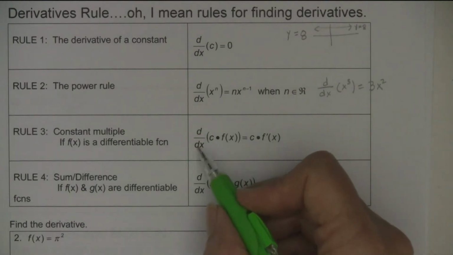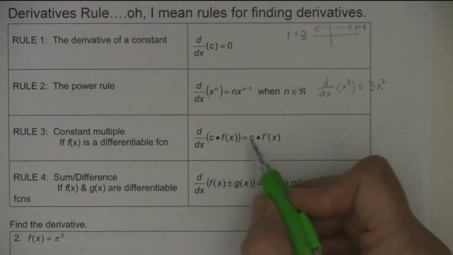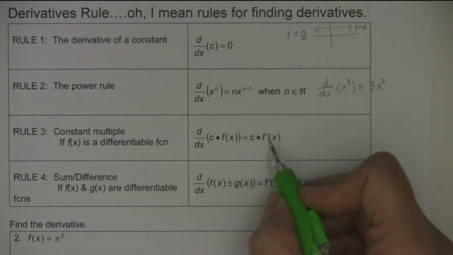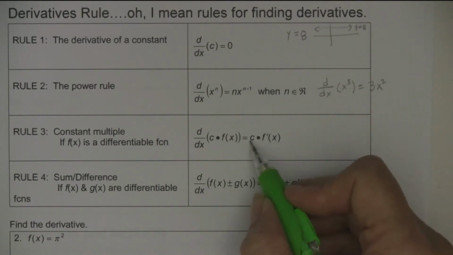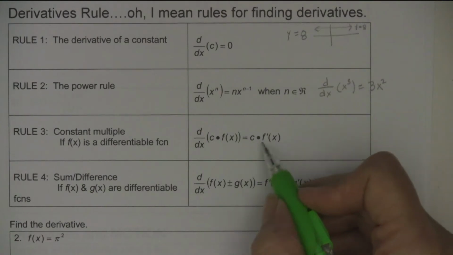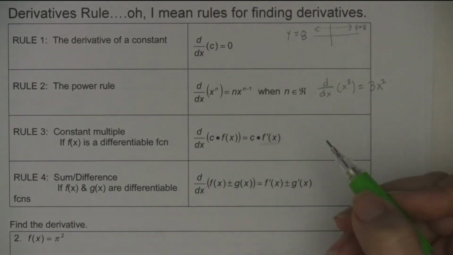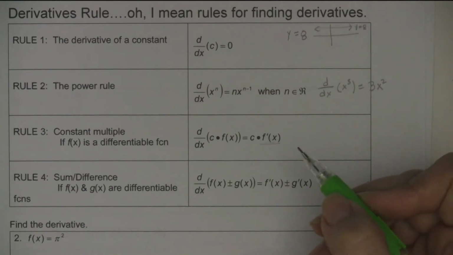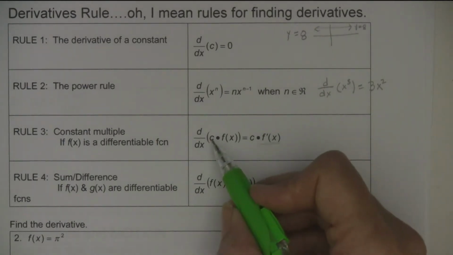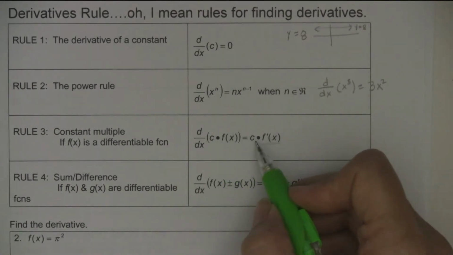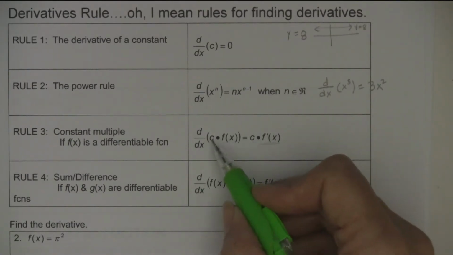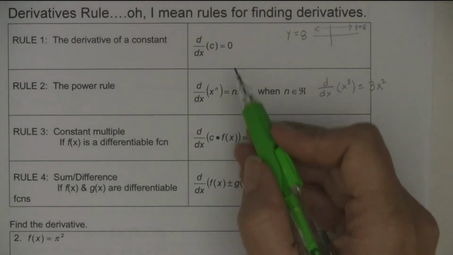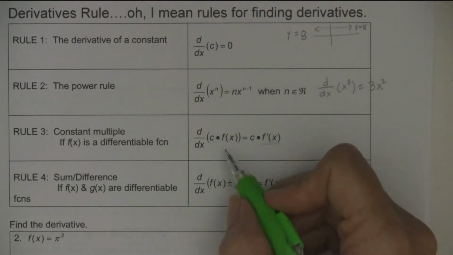If you're taking the derivative of a constant times a function, you can move the constant out in front and then take the derivative of the function, so that you multiply later. And this notation right here is the derivative of the function. A lot of times students will tell me, well, the derivative of a constant is 0, and so shouldn't this be 0 times whatever have you? And no, if you have a constant only, then the derivative is 0.